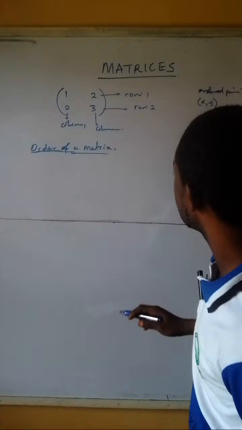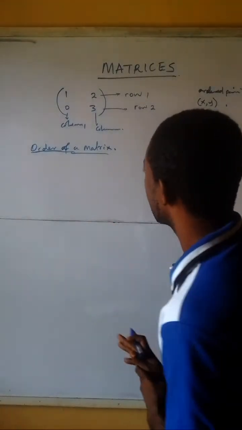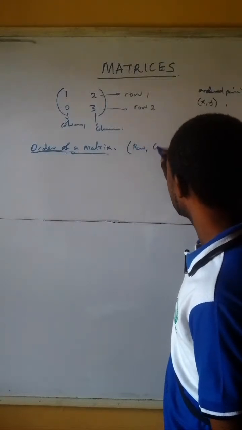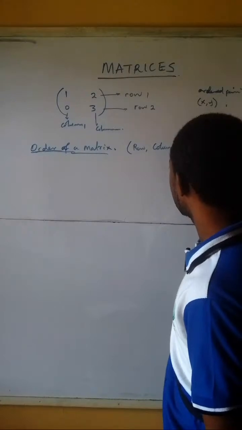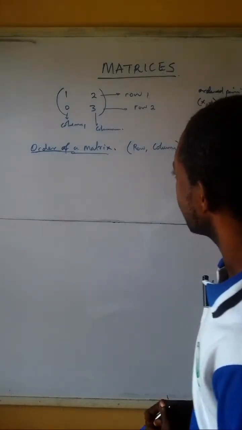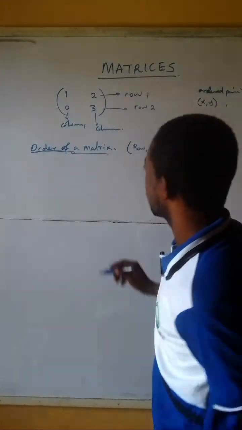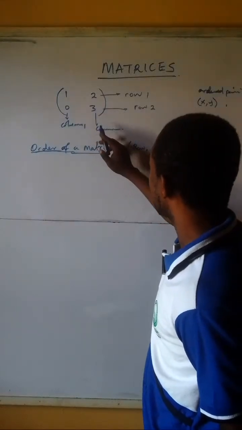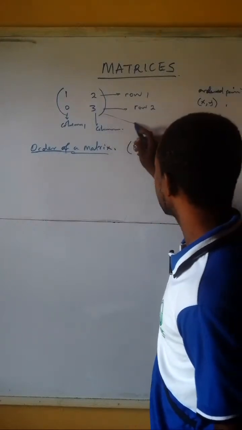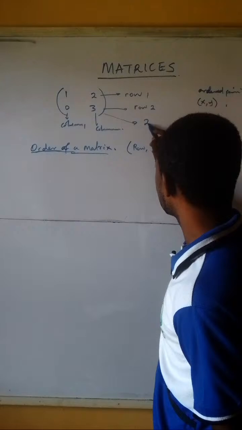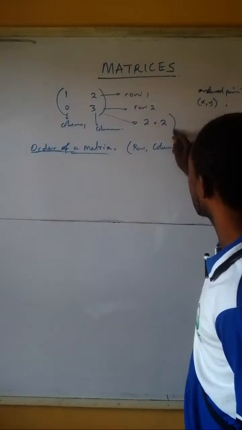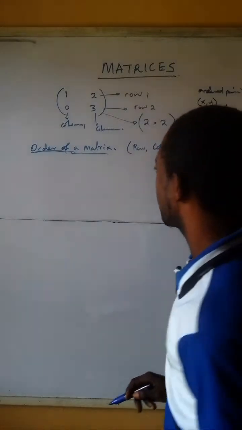Then in matrix as well, there is an order of matrix, and this is usually row first, then column second. So we have row, column for a matrix. Then it implies that this matrix here now has 2 rows and 2 columns. So the order of this matrix here is said to be 2 by 2. That is, here we have 2 rows and 2 columns, which is a square matrix.